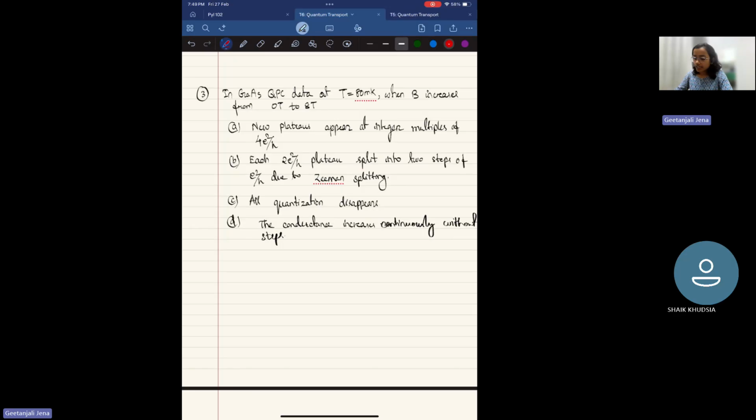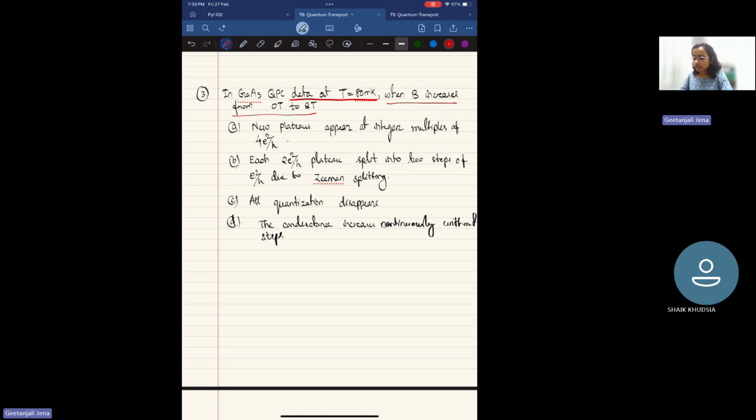Question number 3. In a gallium arsenide quantum point contact at temperature 80 Kelvin, when B increases from 0 Tesla to 8 Tesla, new plateaus appear at integer multiples of 4e square by h, or each 2e square by h plateau splits into two steps of e square by h due to Zeeman splitting, or option C, all quantization disappears, or option D, the conductance increases continuously without any steps.